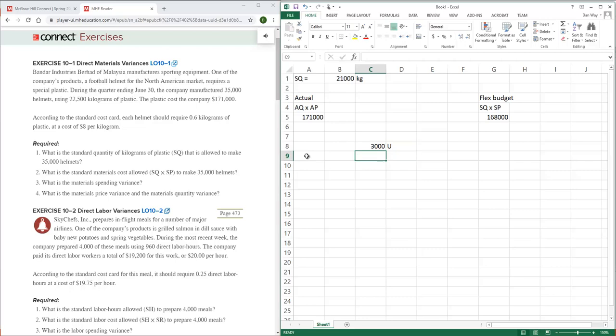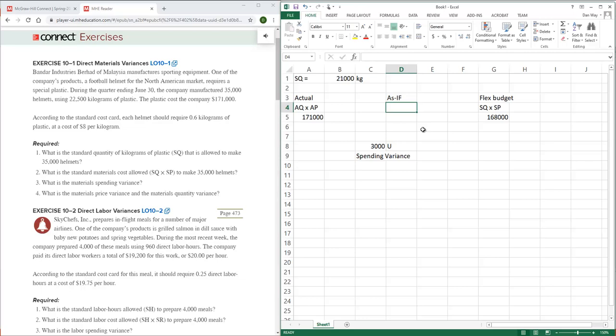Thinking about our chapter 10 concepts, that overall spending variance now is going to consist of both the price variance and the quantity variance, those lower level variances. And that's what we're looking for in requirement 4. What's the materials price variance and the materials quantity variance? So one thing we can do is stick in what we said in the notes was our as-if budget.